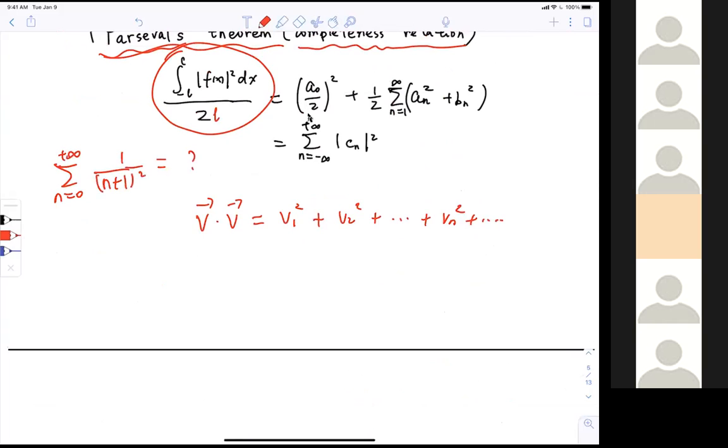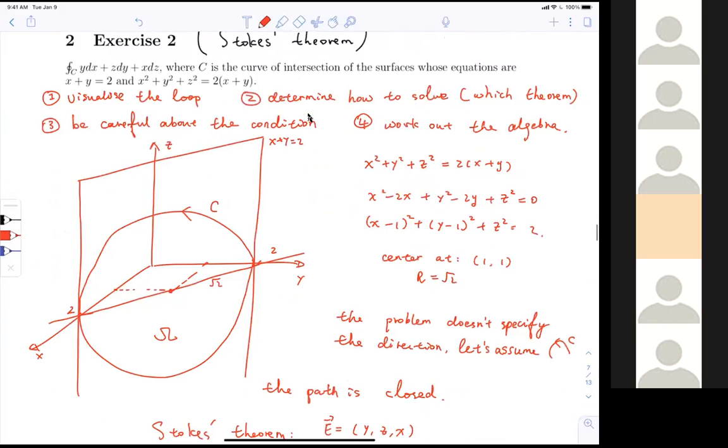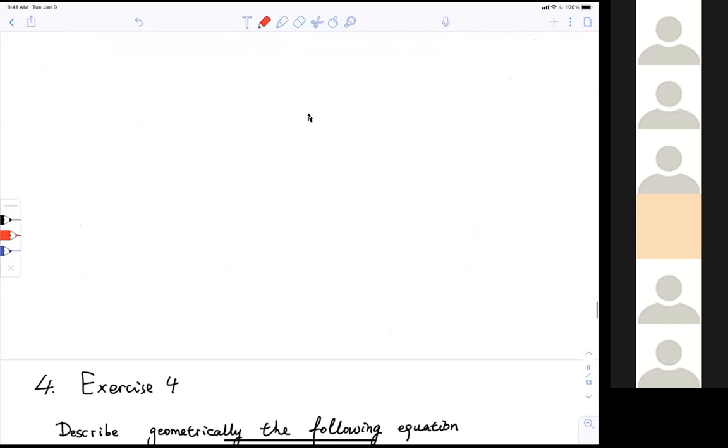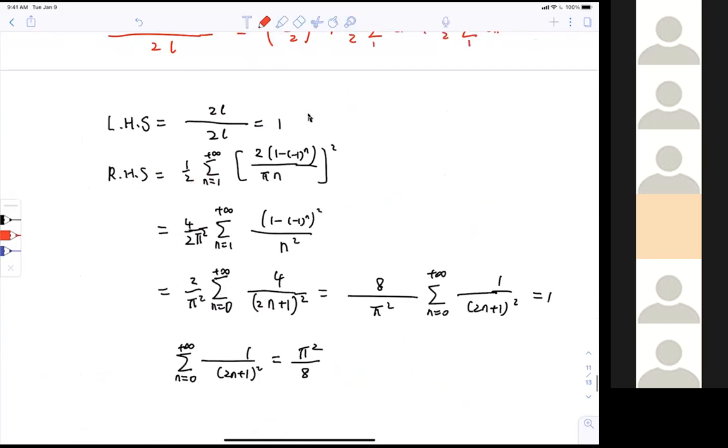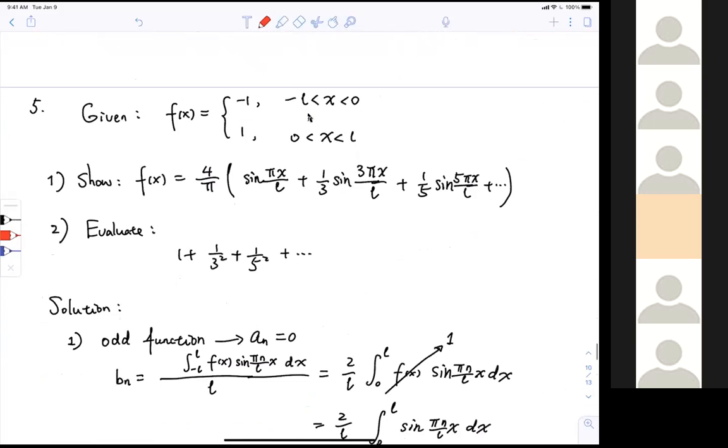So okay, because you asked this question, let's do the last problem first because that's related. Yeah, this one.